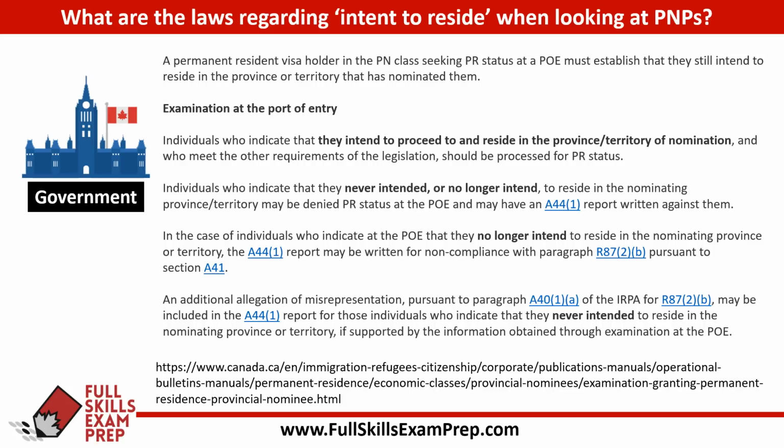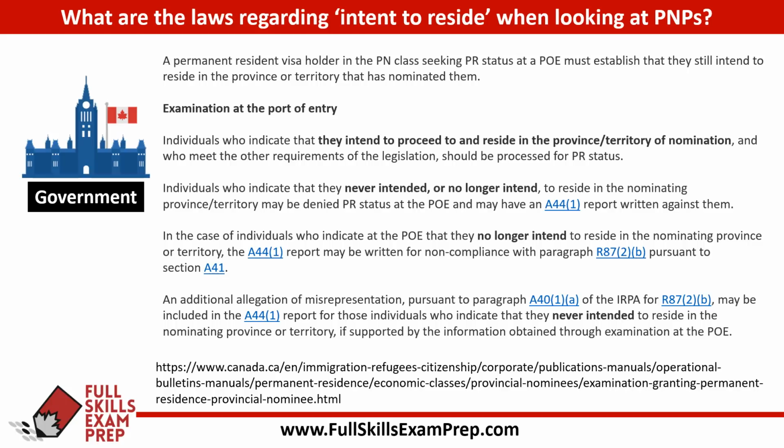Does this always happen? Well, probably not, because there are quite a few descriptions of what happens when this is not the case. So you can see in the bold section there, in the third paragraph, individuals who indicate that they never intended or no longer intend to reside in the province will be denied PR. Okay, and then of course an Article 44 report means that the person is inadmissible.